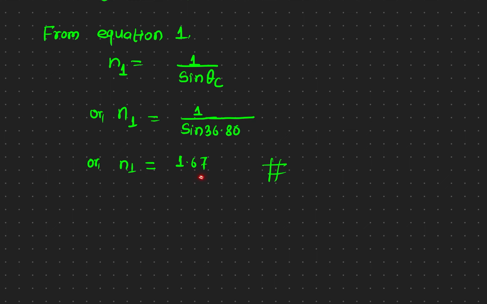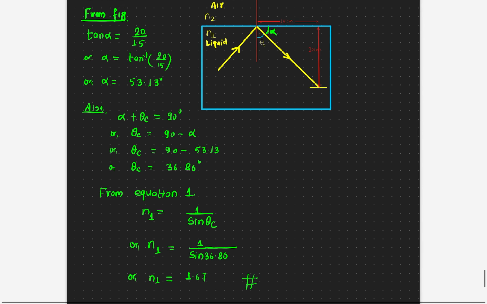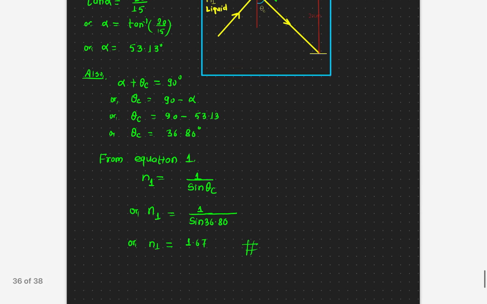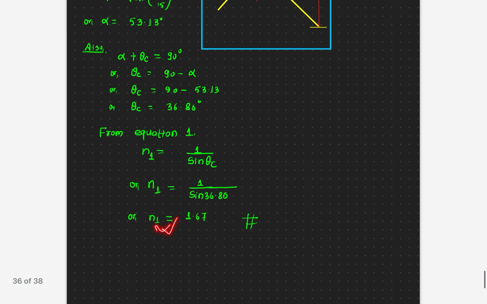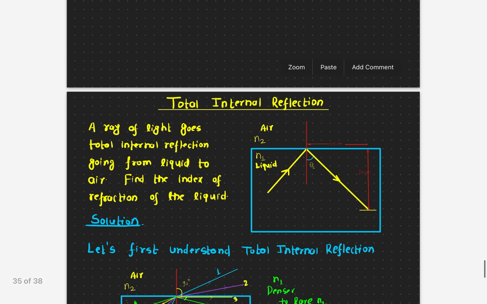Or in other words, let me tell you a slightly different way. The critical angle must be smaller than this 36.86 degrees. The critical angle of this medium must be smaller than this one. So if I solve the refractive index, it will be 1.67. That's what you have to find out here.